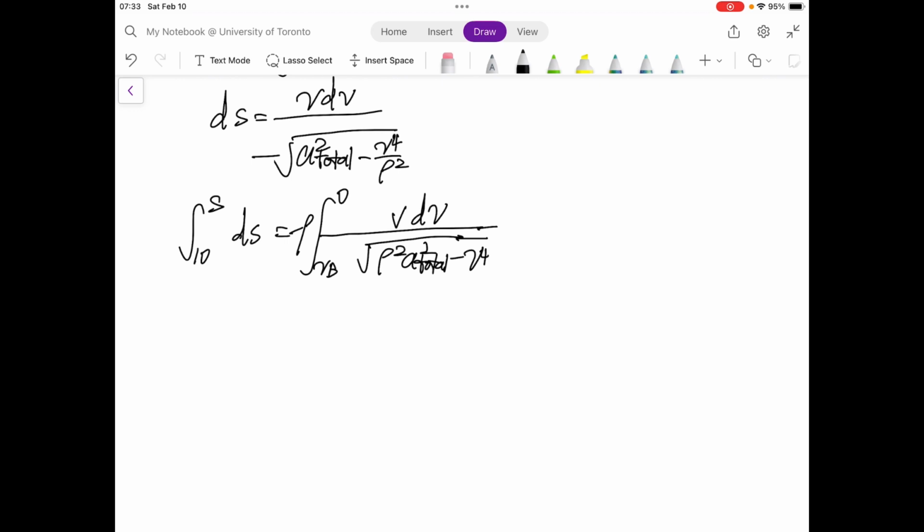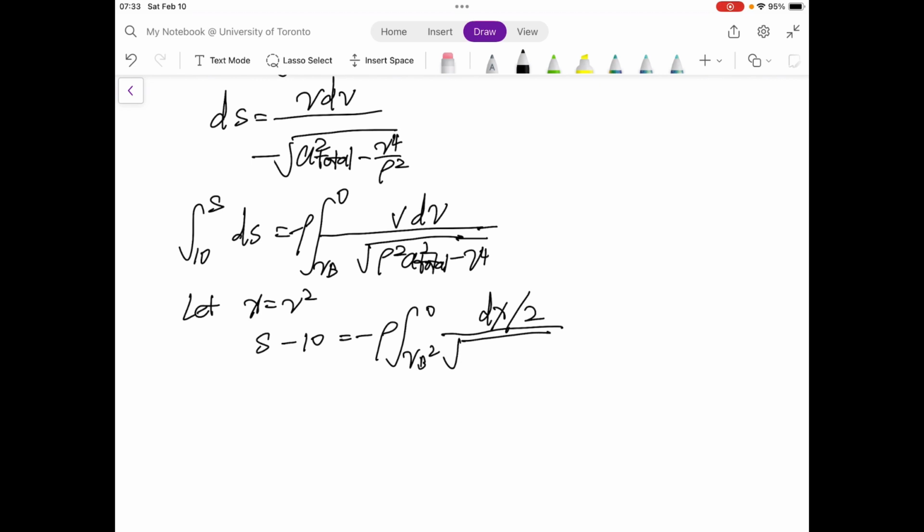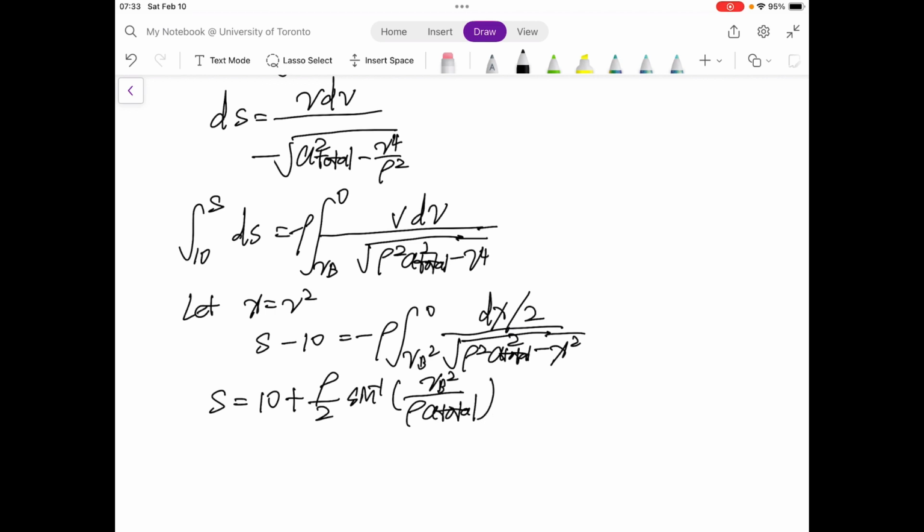We use the substitution rule right here, so we let x is equal to v squared. So we have s minus 10 is equal to negative rho from vB squared to 0 dx divided by the square root of rho squared a total squared minus x squared. So we have s is equal to 10 plus rho over 2 sine inverse of vB squared over rho a total, which is equal to 47.4 meters.